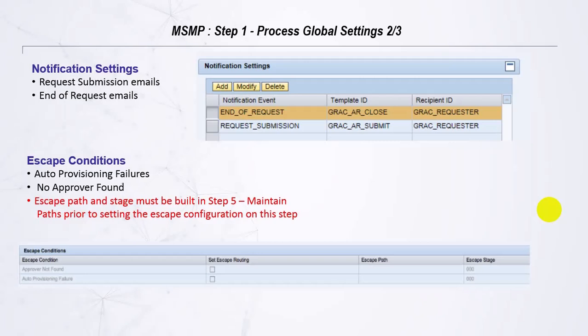Definitely there is a requirement. At that time, if your notification recipient is user, then the user will get the notification. You have submitted a role removal request, and automatically the notification will go to the user.